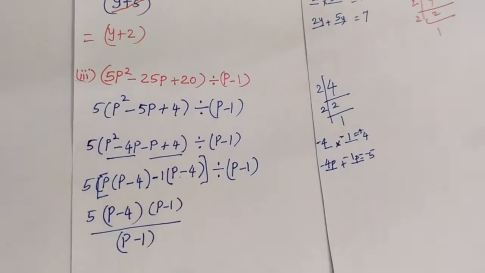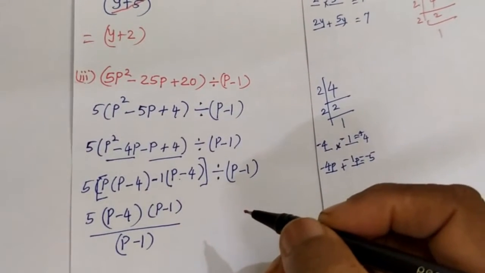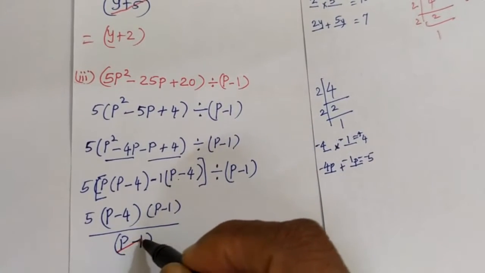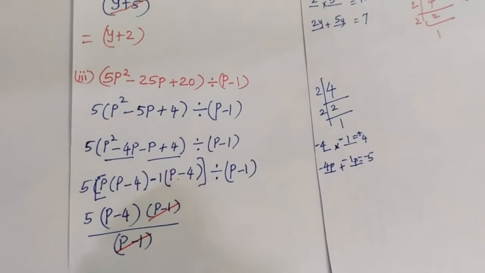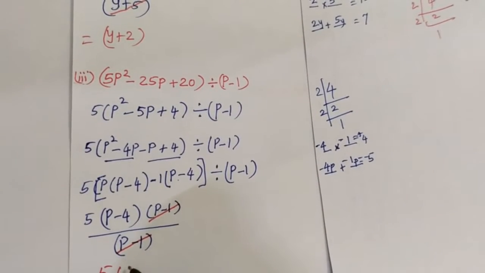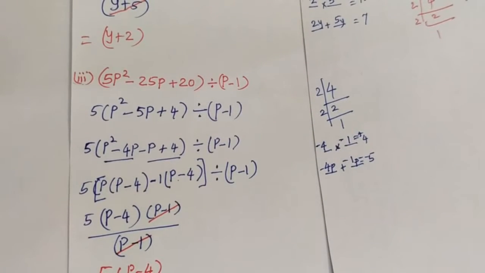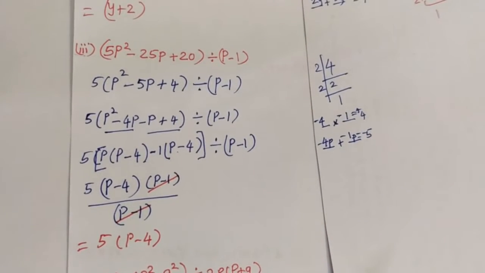One more step also we can see: p minus 1 on the numerator, p minus 1 on the denominator, so this will get cancelled. So the answer is 5 into p minus 4.